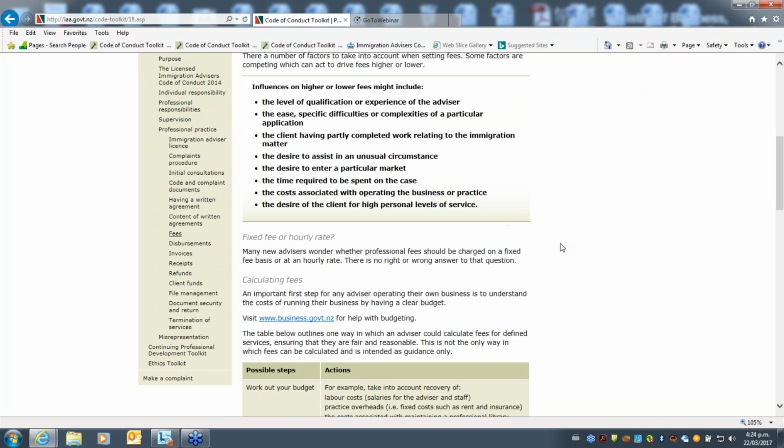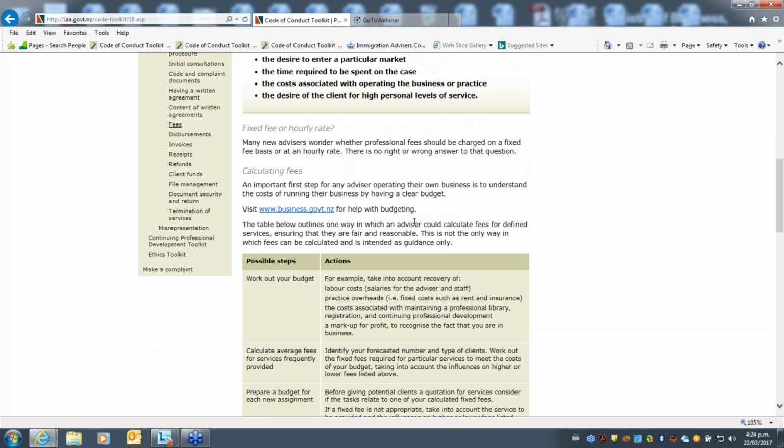There isn't a right or wrong answer as to whether you're charging a fixed fee or an hourly rate, and there is some really great information at business.govt.nz, which I think I mentioned in the last newsletter. They've actually got a calculator now that you can use for calculating your costs.